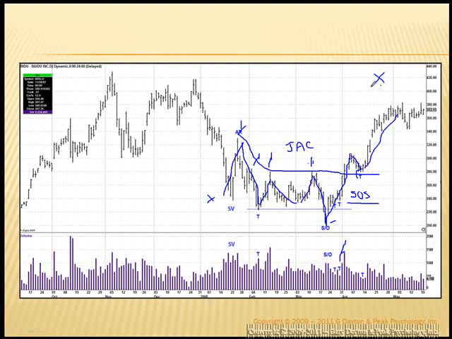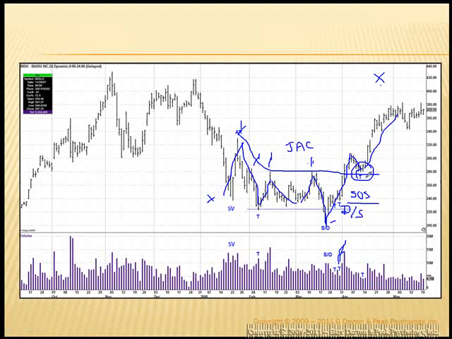Okay, and that back up to the edge of the creek right in here is a testing process to make sure that there is, in fact, no more supply. Because on this drive through, there's high volume and widespread, lots of activity, buying, demand overcoming supply, but still a lot of supply, and we know that because of the high volume, so it must be tested.